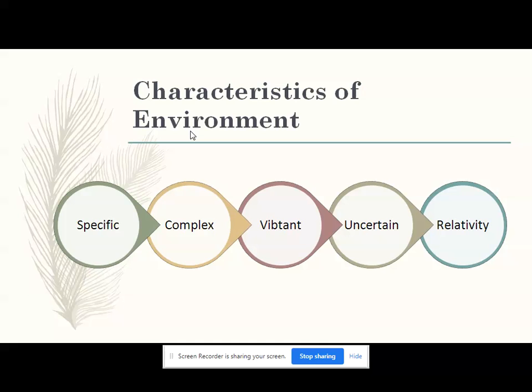The next is vibrancy. Vibrancy implies the dynamic nature of the marketing environment. A large number of forces outline the marketing environment, which does not remain stable and changes over a period of time. So it is dynamic in nature, and that's why it is called vibrant.